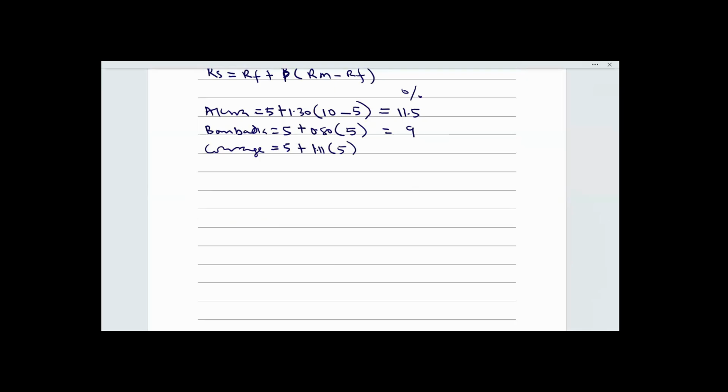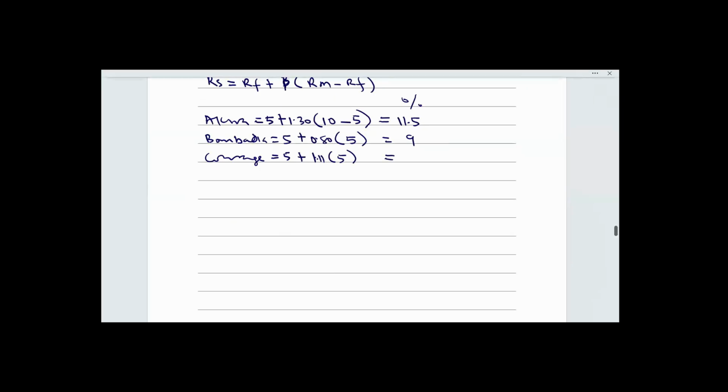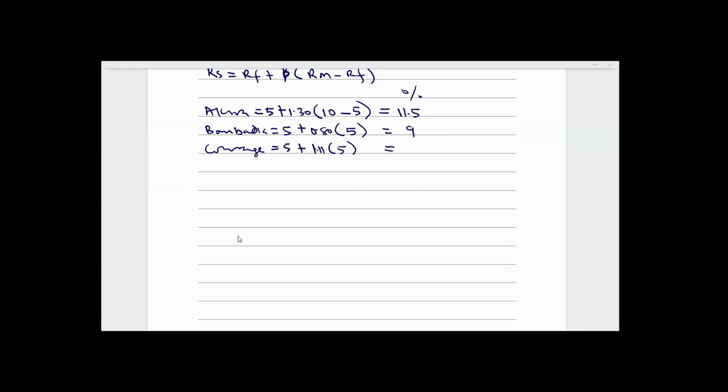So what do we have there? 10.55%. Then for Divine, 5 plus the 1.7 beta value multiplied by 5.